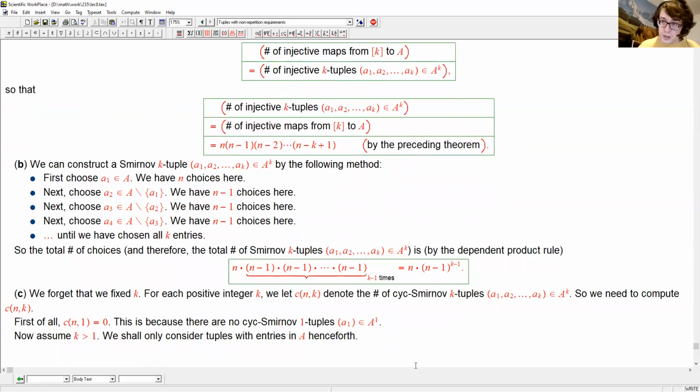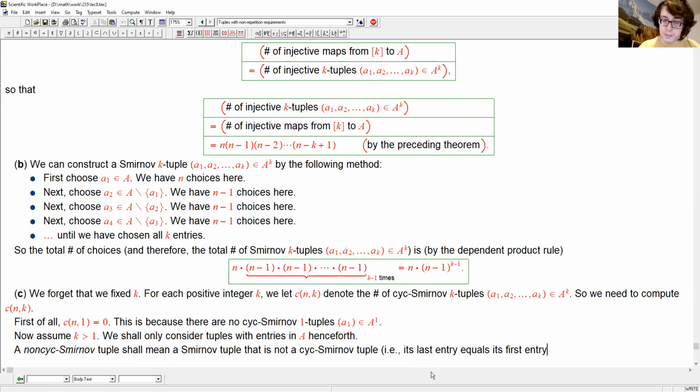Now we say that a non-6-Smirnov tuple shall mean a Smirnov tuple that is not a 6-Smirnov tuple. So in other words, its last entry equals its first entry.